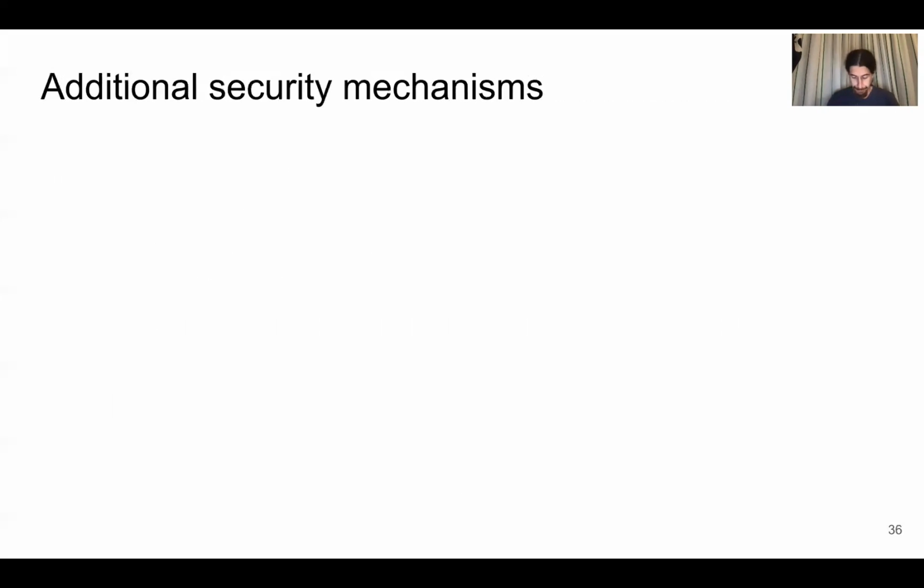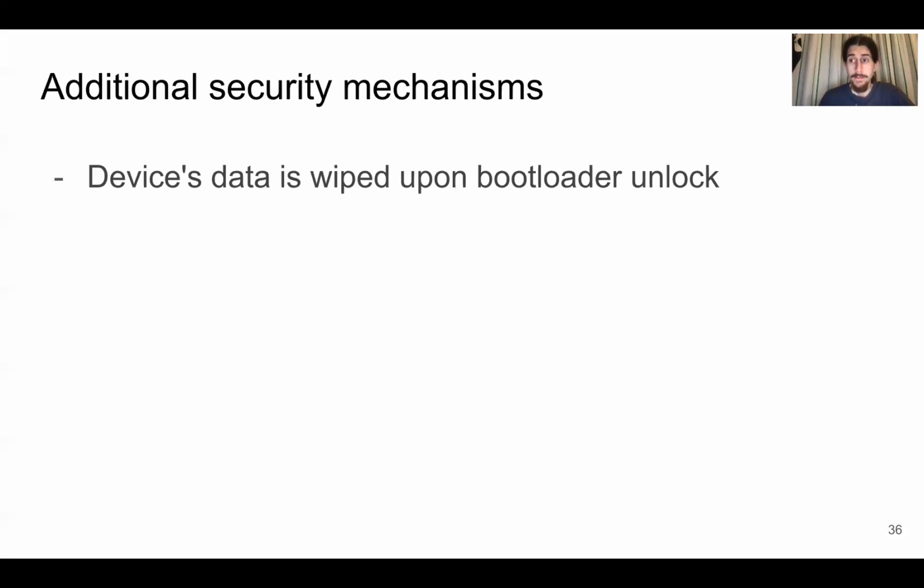There are also additional security mechanisms to prevent an attacker from doing weird stuff with these unlocking things. First of all, device data is wiped upon bootloader unlock. So once you do the unlock, usually the device is completely deleted.